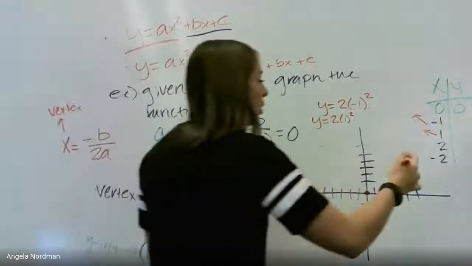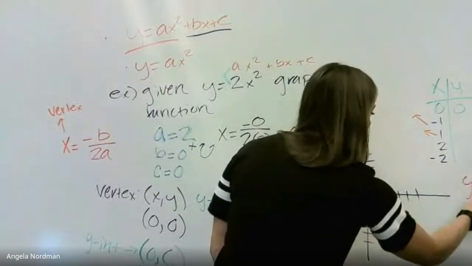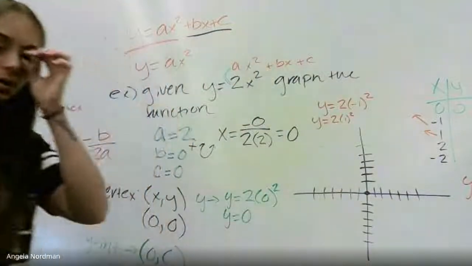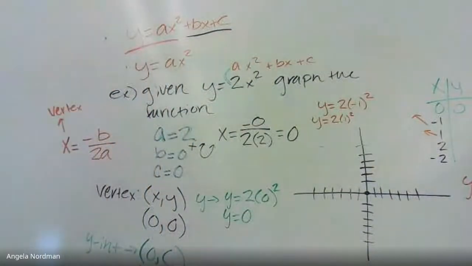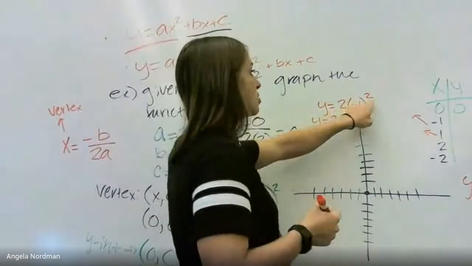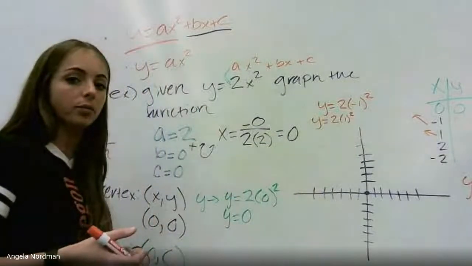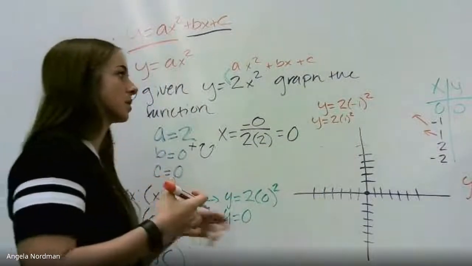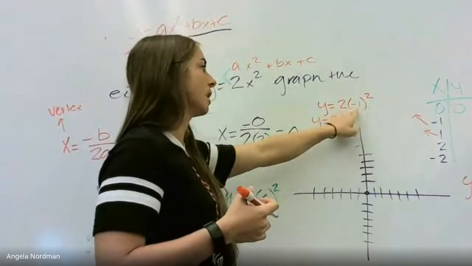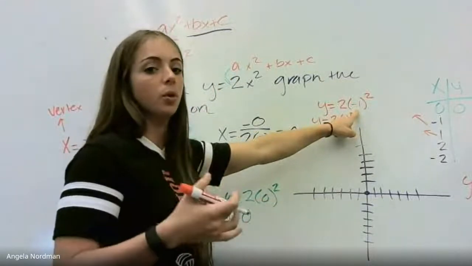And I just keep going, right? For 2, it's y equals 2 times 2 squared, okay? So you're going to start filling this in. What we're starting to see happen is -1 squared is +1, right? You square a negative, it turns positive. -1 squared, +1, 2 times +1 is 2.